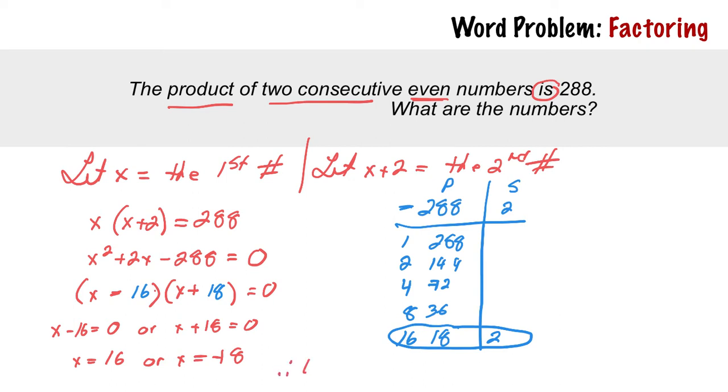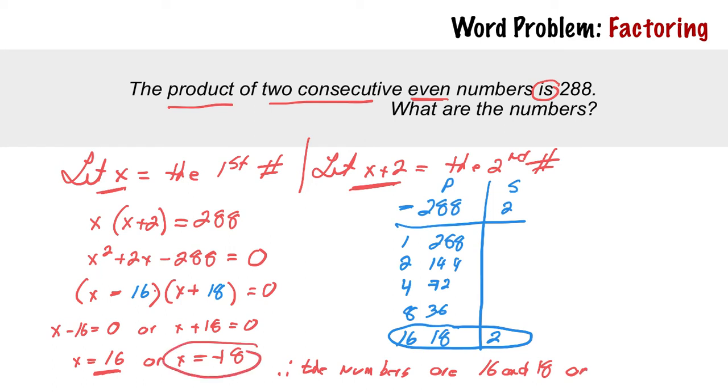Therefore, the numbers are 16 and 18, because the first solution, x equals 16, which means the second number is 2 more, which is 18, or negative 18 and negative 16. So there's 2 possible sets of numbers that will meet the condition.